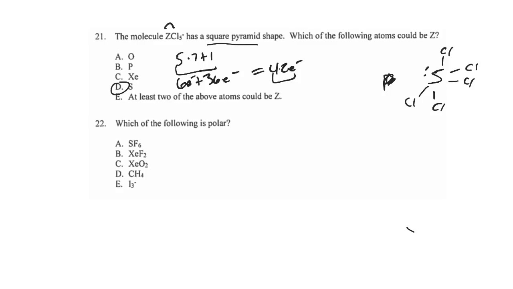Which of the following is polar? SF6, that's octahedral, definitely nonpolar as a result. XeF2, linear molecule, that's nonpolar. XeO2, so that'll be 8 plus 6 times 2, so that's 20 electrons.